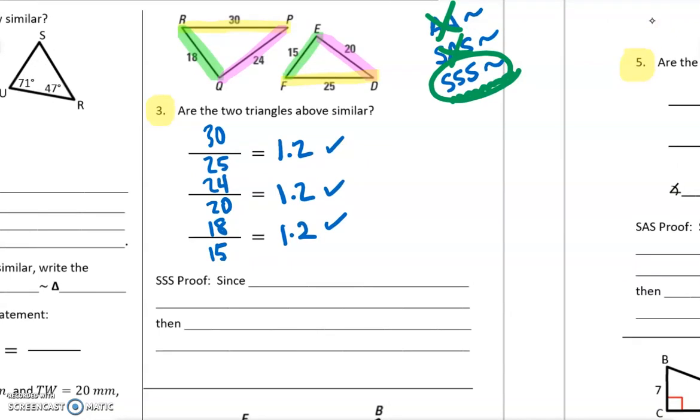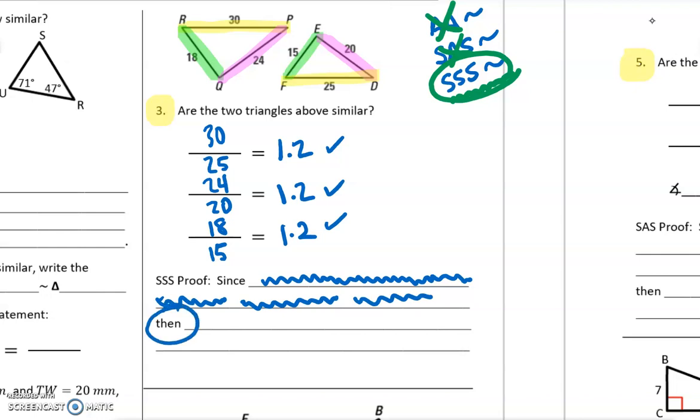You should say, since all 3 pairs of corresponding sides are proportional to one another, then you can say triangle RPQ, or however you want to name it, is similar to triangle FDE, if we say it in proper order.